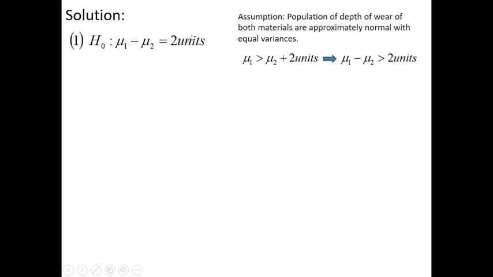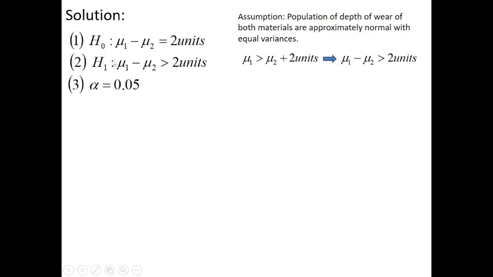This is believed to be true in the population: mu sub 1 minus mu sub 2 equals 2 units. And we are going to test this claim. For the alternative hypothesis, mu sub 1 minus mu sub 2 is greater than 2 units.